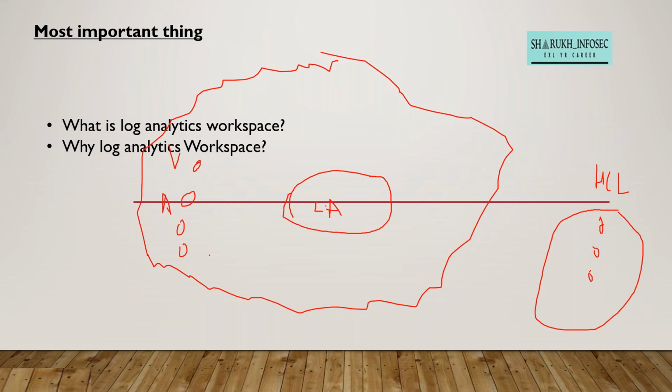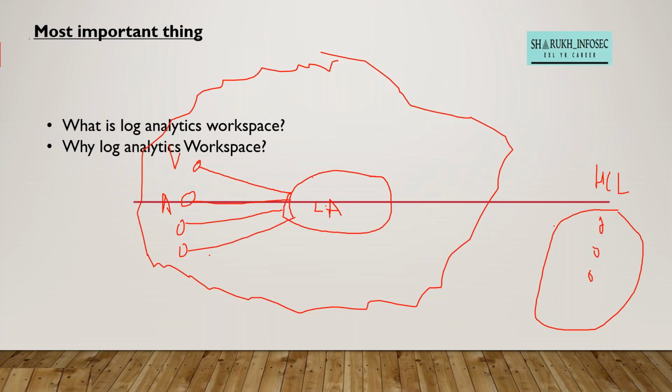What I'm doing in simple terms is telling them, boss, forward your data to this Log Analytics workspace. This is where the storage is. Your data will be stored in the Log Analytics workspace.